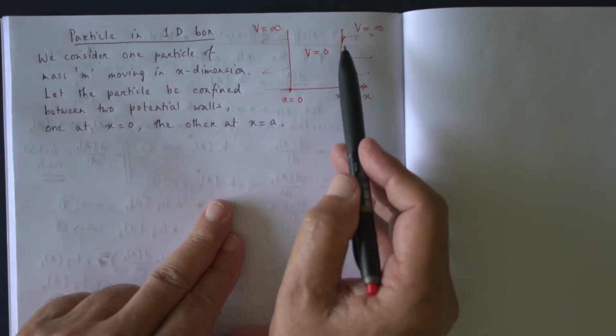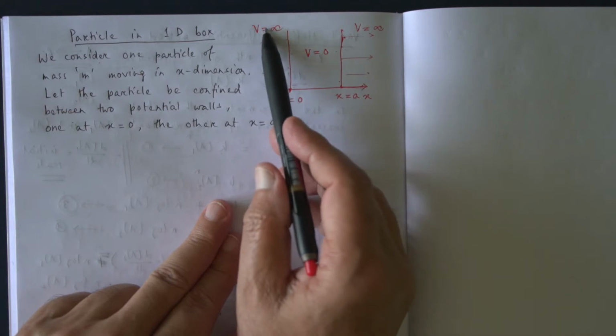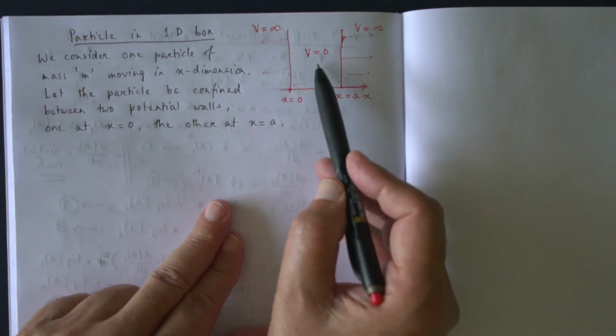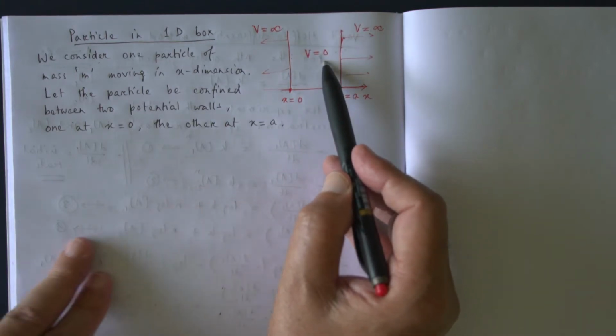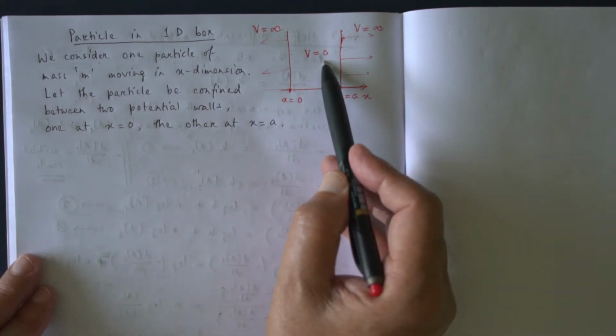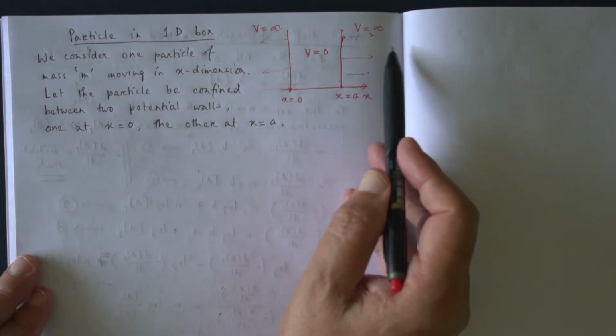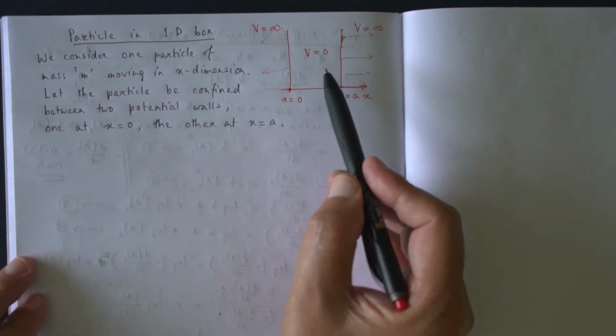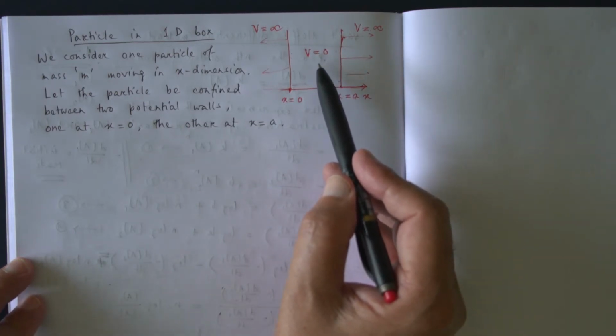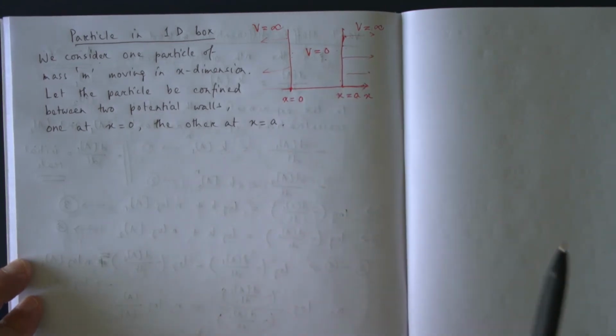Outside these two walls, very high potential, infinity, and within these two walls, potential is 0. There is no attraction or repulsion. You may think like this: outside, huge attraction or repulsion, but here none. So these are the two potential walls.